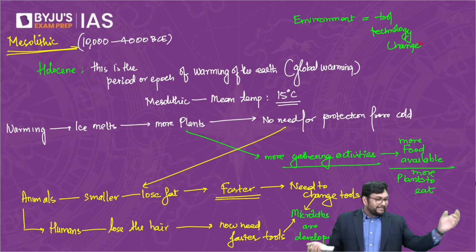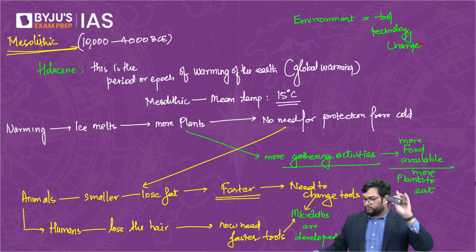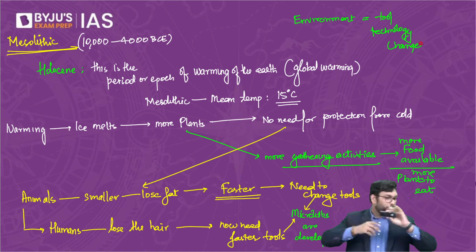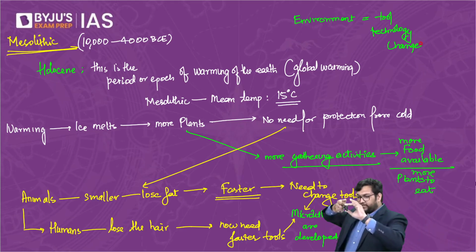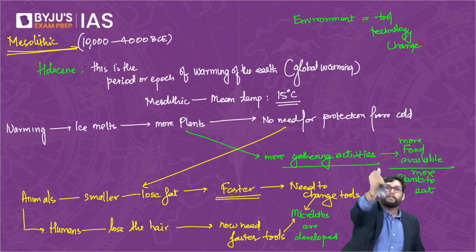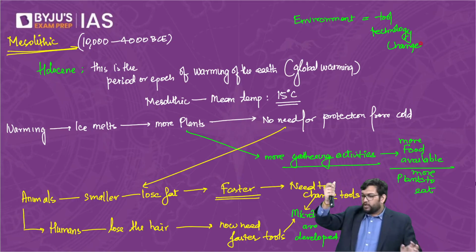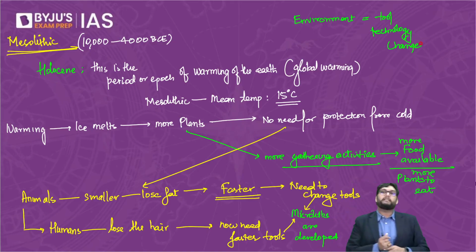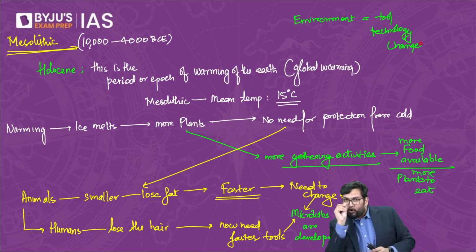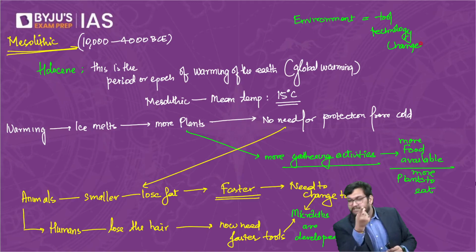So now I need a smaller tool. A smaller tool which I will tie to a stick, and then either I will throw it, which is a spear, or I will put it into a bow and arrow and basically use the smallness of the tool as speed.